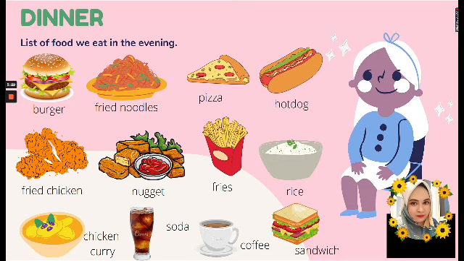Sometimes we have nuggets, fries, and in Malaysia normally we eat nasi with curry chicken, nasi with ayam rendang. And then we can also drink soda at night, and we drink some coffee or tea, and sometimes we eat sandwich, something light, for those on a diet. These are all food that we normally eat during dinner.